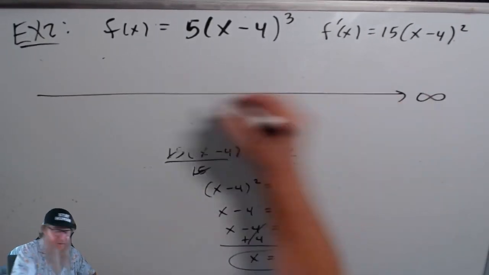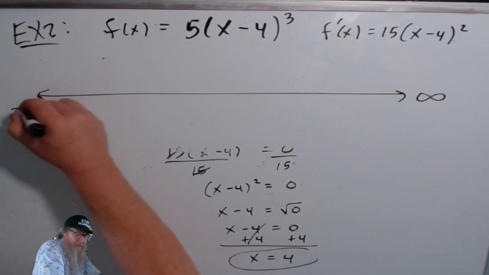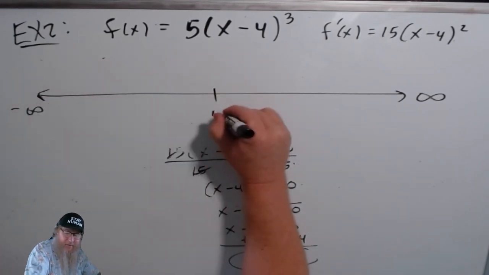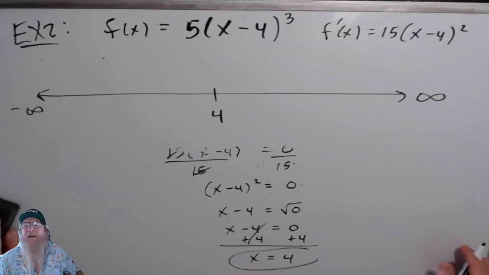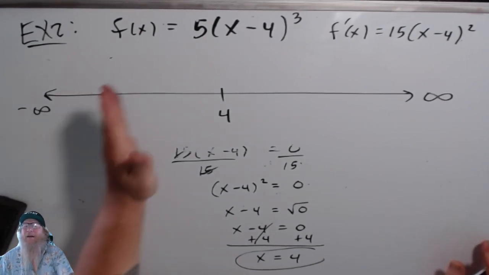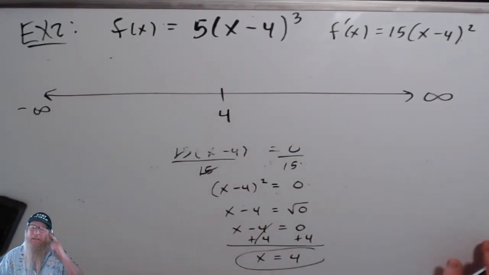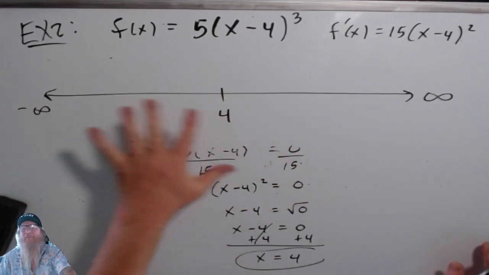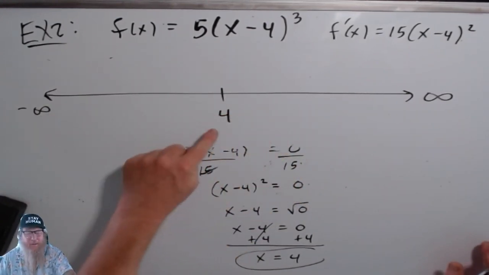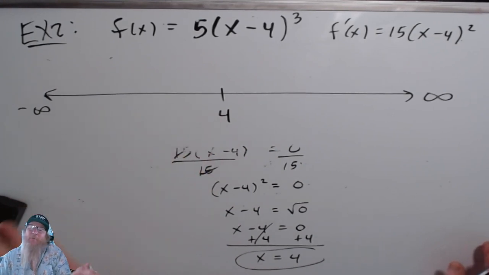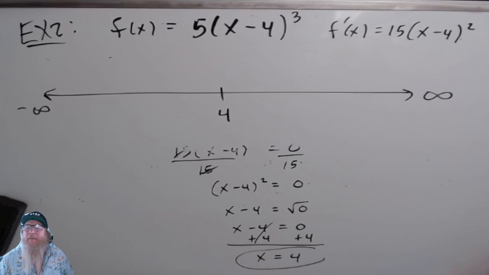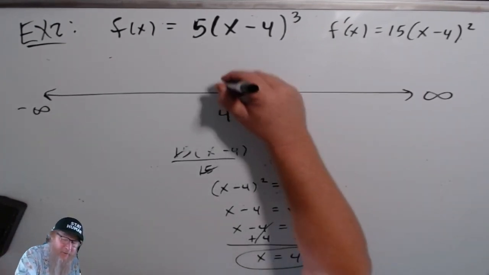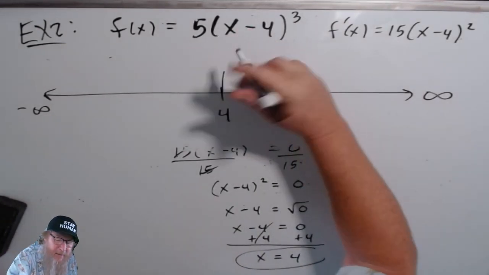All right, so I've got infinity, I've got negative infinity, I've got 4, my critical value. I don't have to count out all the increments. I just put your critical value anywhere you like. It should be in order, but since there's only one critical value, it's not that important. Just put it right in the middle. All right, so here's my bins. I'm making these 2 bins.